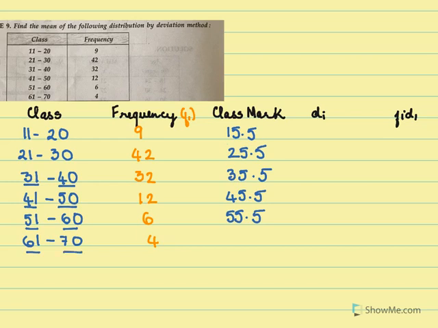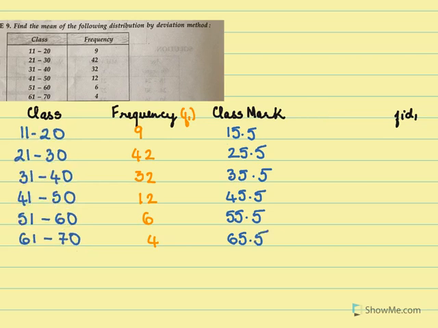And last 61 plus 70 divided by 2, 65.5. Now we need to choose our assumed mean. There are two numbers here in between, but I will just take 35.5 as my assumed mean. You could have also taken this number 45.5, any one that you want.